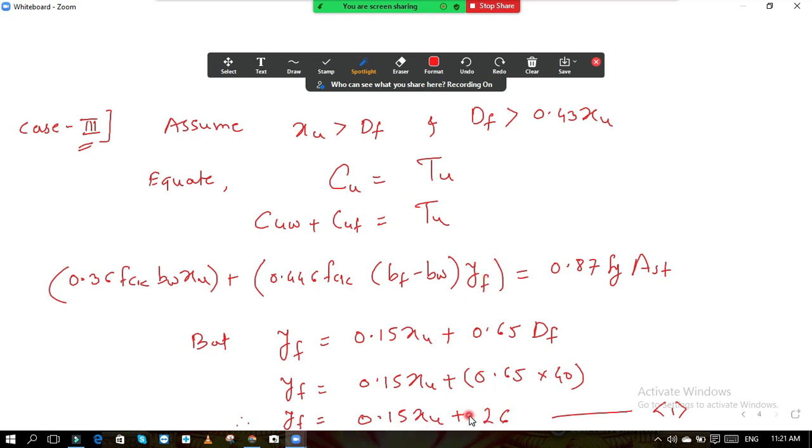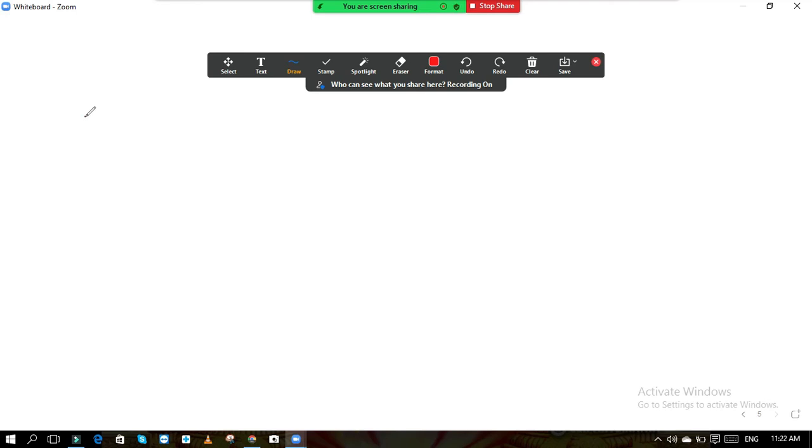Suppose I say that this is equation number 1 and this is our equation number 2. So here I can write, put the value of YF from equation 2 into equation 1.